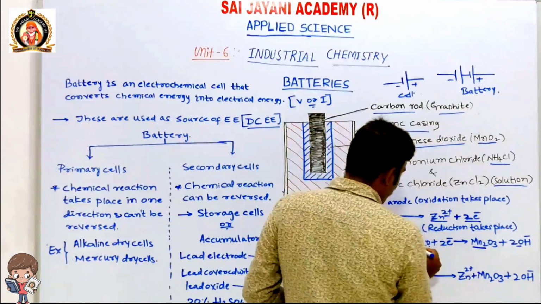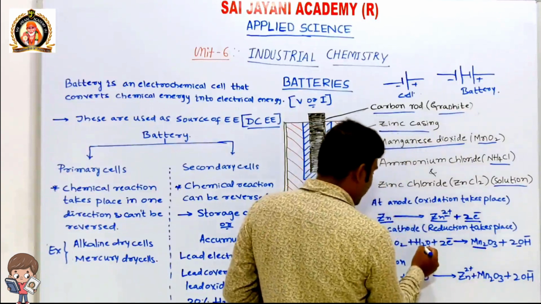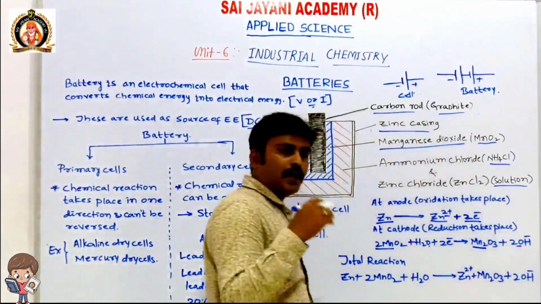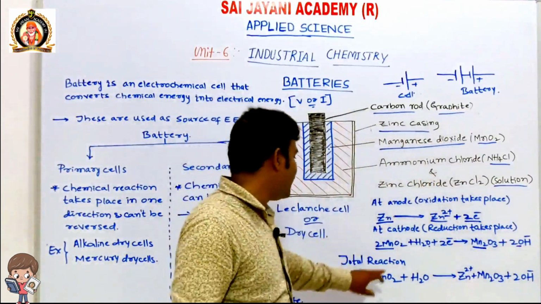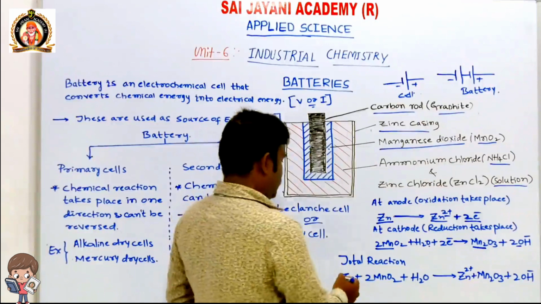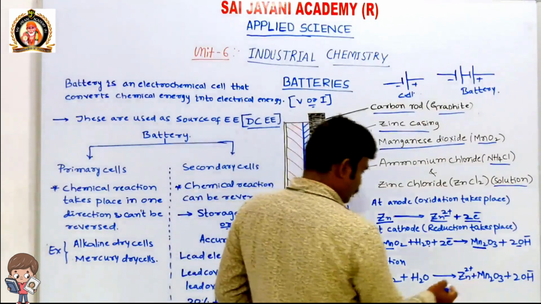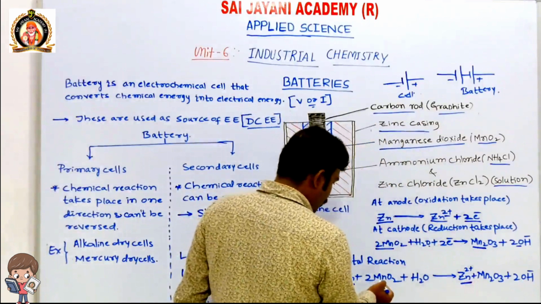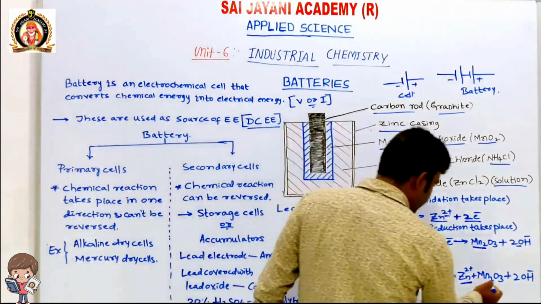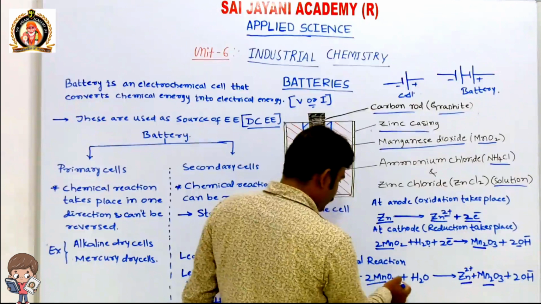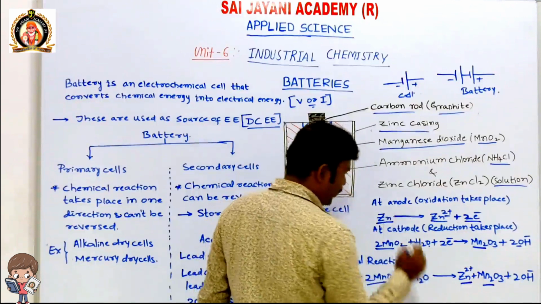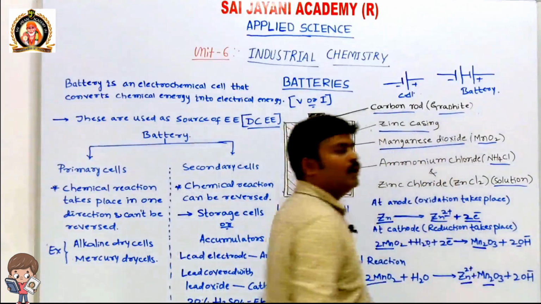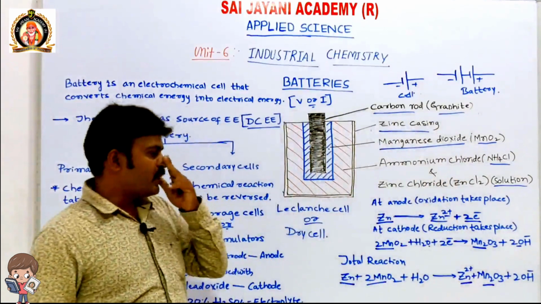And if you come to hydrogen, here 2 hydrogens are there, here also 2 hydrogens are there. So this equation is balanced. Now see this equation, here 1 Zn is there, here also 1 zinc, and here 2 manganese, here also 2 manganese, here 2 into 2, 4 plus 1, 5 oxygens, here 3 plus 2, 5 oxygens. So all of these equations are balanced.